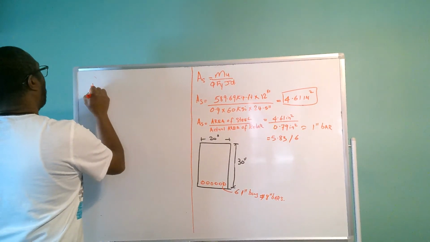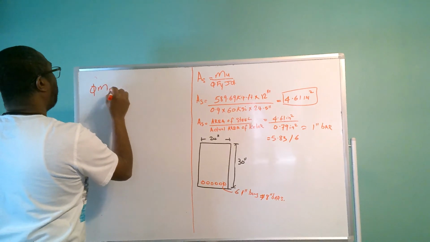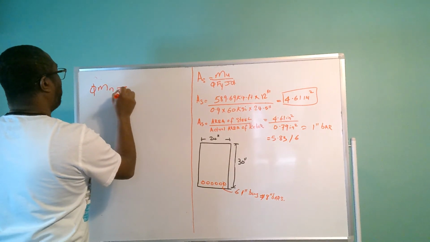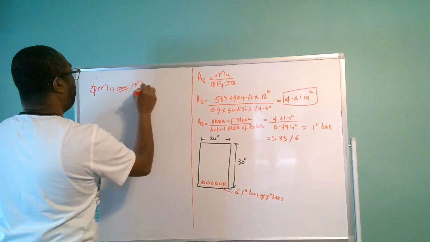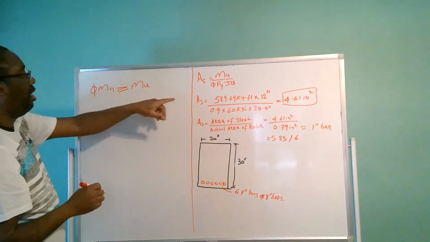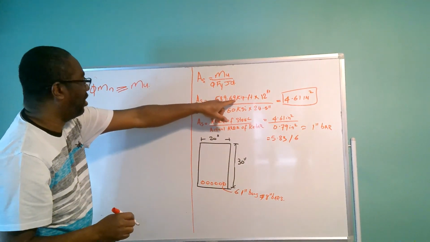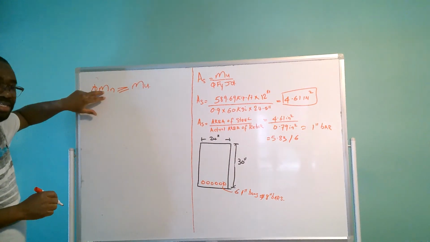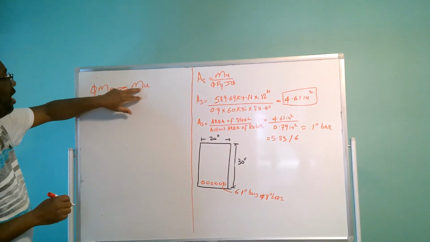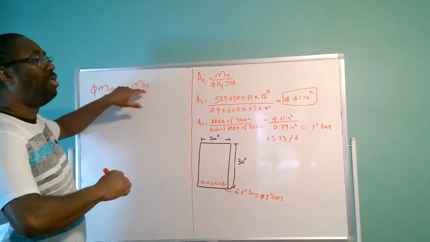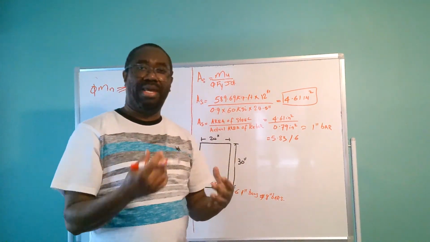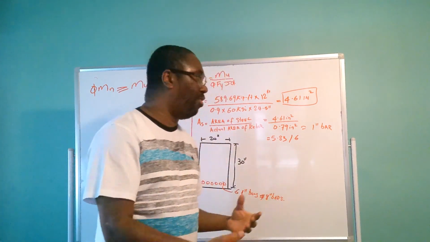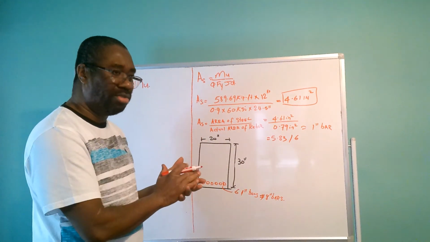Our phi Mn should be greater than or equal to Mu, and Mu is 589.69 kips foot. So when we calculate our moment capacity, it must be greater than our ultimate moment to ensure that the beam is safe to carry the impending loads.